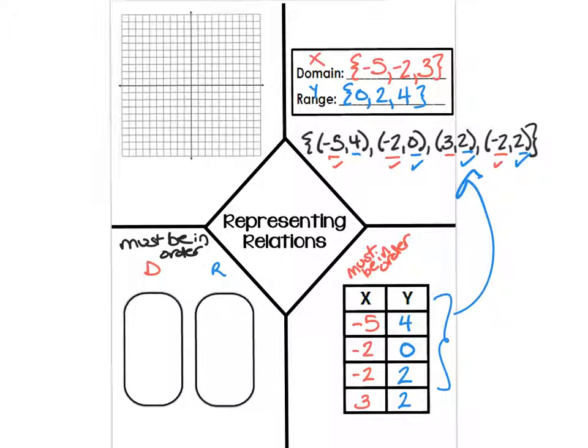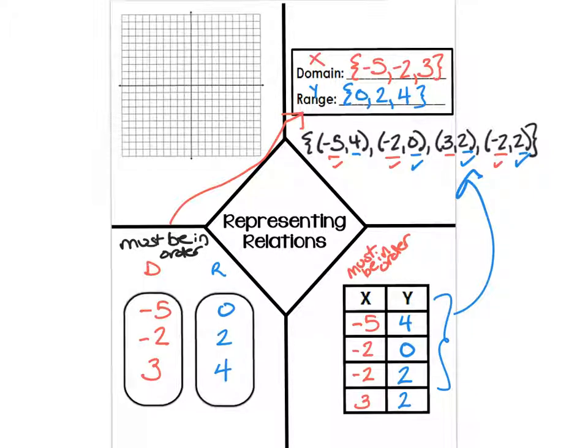So I am going to copy my domain and range from right here. So I have a -5, a -2, and a 3. And again, for the mapping, I do not need to write the numbers more than one time. My range is a 0, a 2, and a 4.